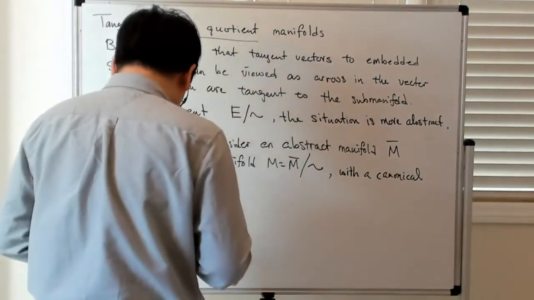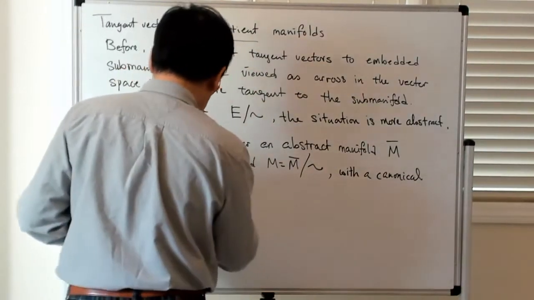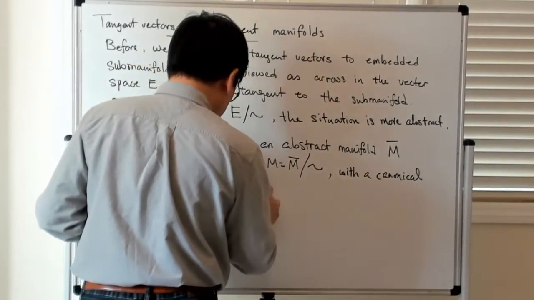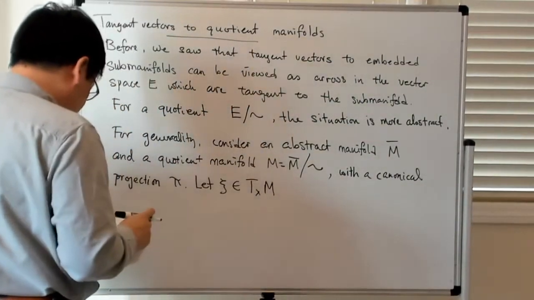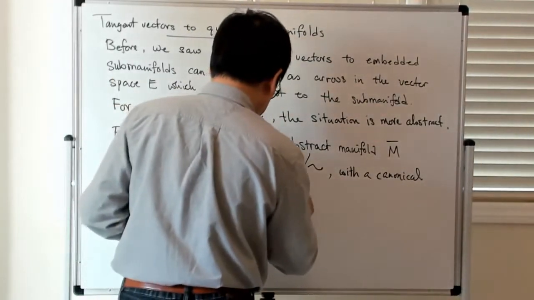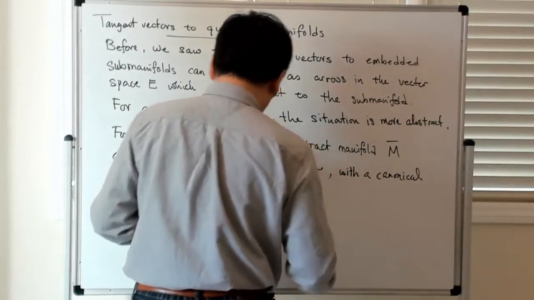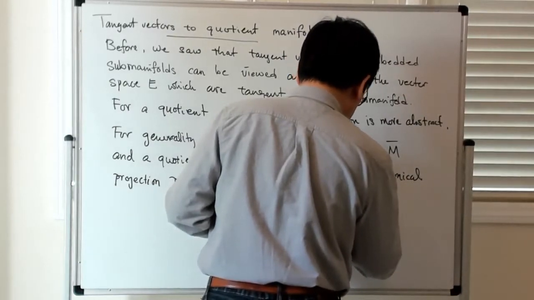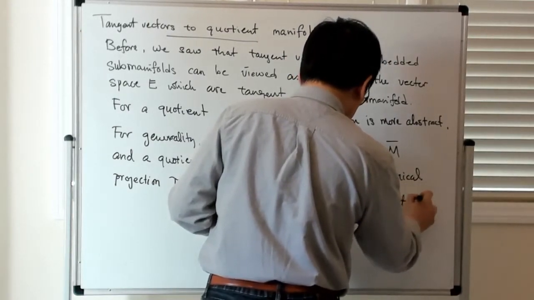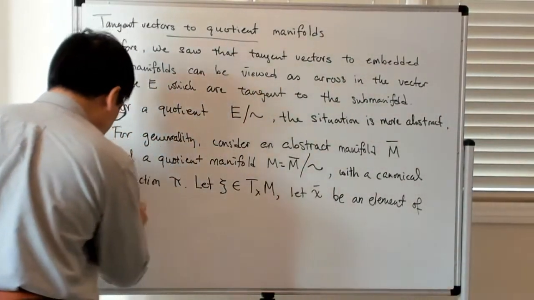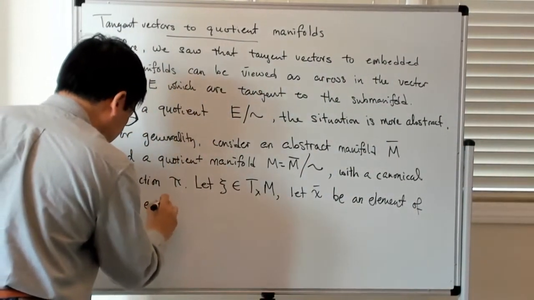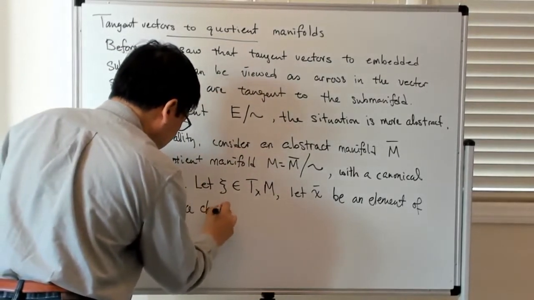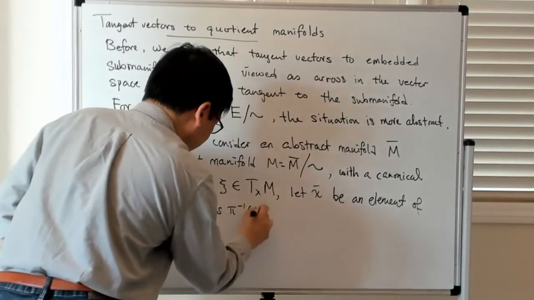Okay, so you let ξ be an element of the tangent space at x to this quotient manifold M, and you let x bar be an element of the equivalence class π inverse of x.